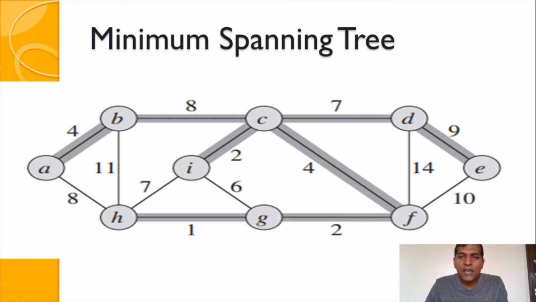If we select only these edges, then we will be able to traverse or visit almost all the vertices in this particular graph. That is why the darkened gray shaded edges are part of the minimum spanning tree. So the minimum spanning tree for this particular graph is the shaded edges.